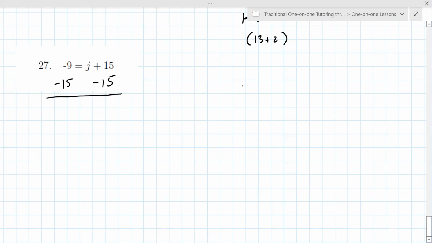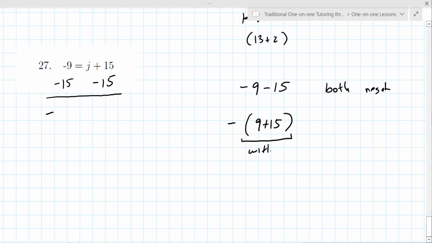So it's minus 9 minus 15. When they both have the same sign, both negative in this case, you say, my answer is negative, and then you add the numbers without the signs. This part in parentheses is always without the signs, and it's also always positive inside parentheses.